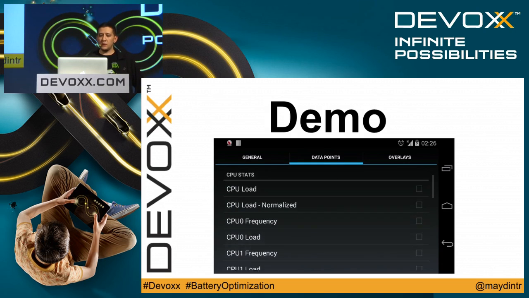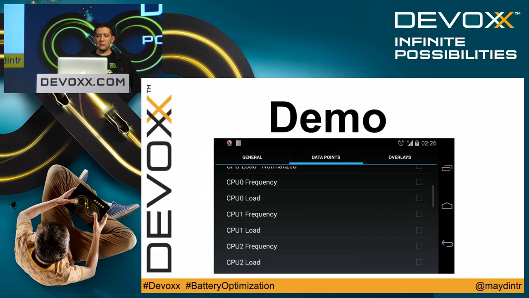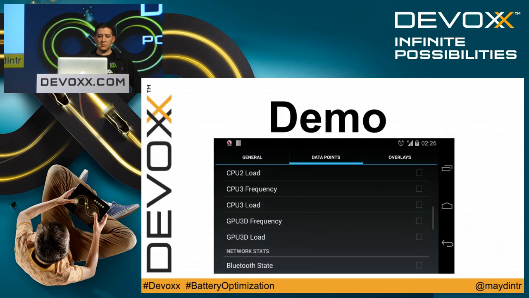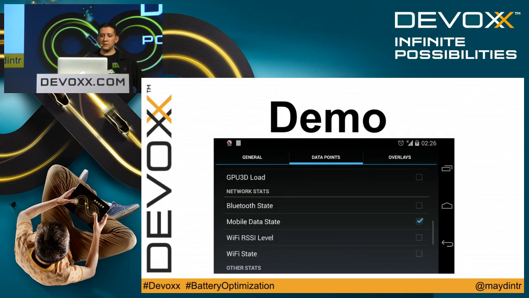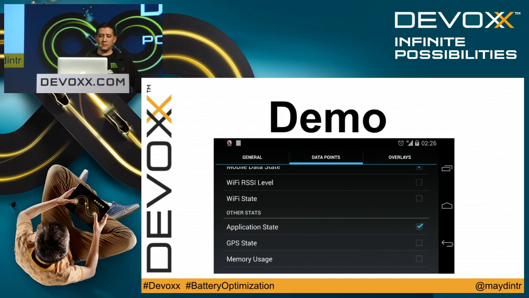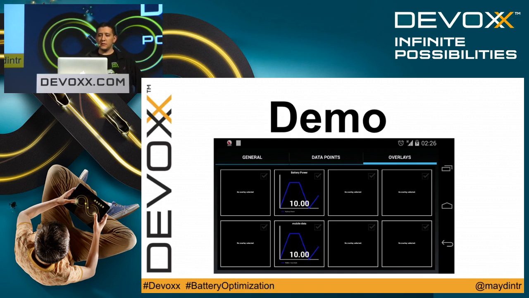I choose battery power. You can choose CPU. And also I choose mobile data state. And you can enable overlays that you want to see during profiling. Here I enabled battery power and mobile data.